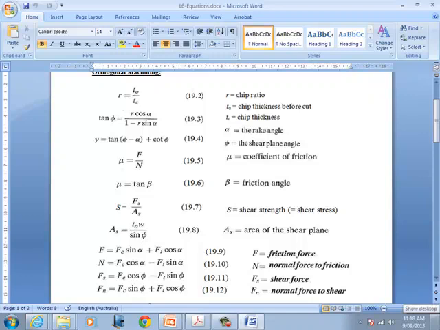Can we do it ourselves? Please spend a couple of minutes to see if you can do this. Take a note of these equations first. Take a note of any equations that you need. Then I'm going to switch to the statement of the problem to see if we can do it ourselves.